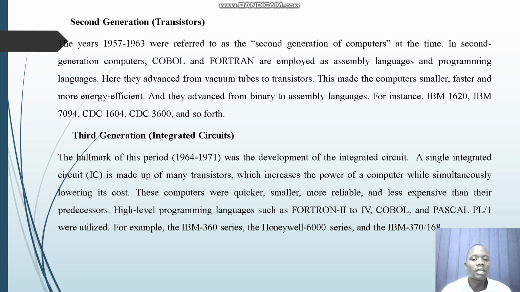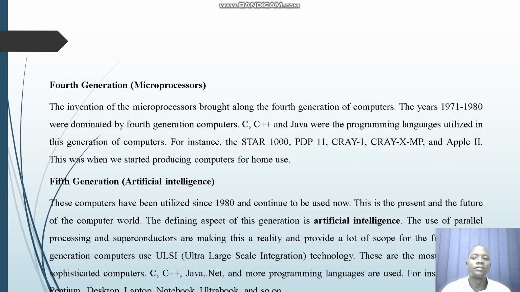These computers were smaller, more reliable, and less expensive than their predecessors. High-level programming languages like Fortran 2 to 4, COBOL, and Pascal were utilized. For example, the IBM 360 series, the Honeywell 6000 series, the IBM 360/168, and so on and so forth.